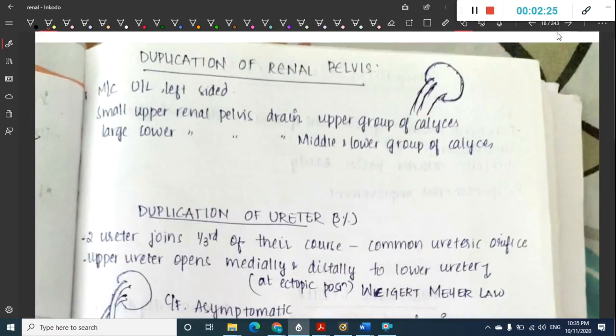Okay, so let us now learn about duplication of renal pelvis. So here first we will see duplication of renal pelvis. This duplication of renal pelvis is most commonly unilateral, and it is most commonly left sided.